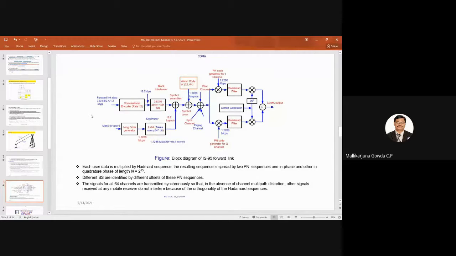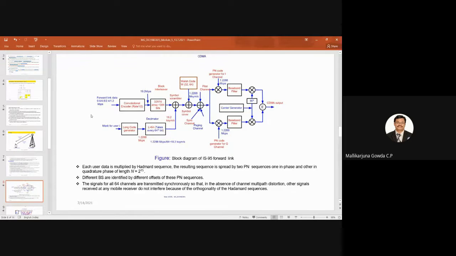Your speech has been converted into digital data. So here it will be generating data at variable rates: one is 9600 bps, another is 4800 bits per second, next is 2400 bits per second, and last is 1200 bits per second. In short, 9.6 kbps, 4.8 kbps, 2.4 kbps, and 1.2 kbps.